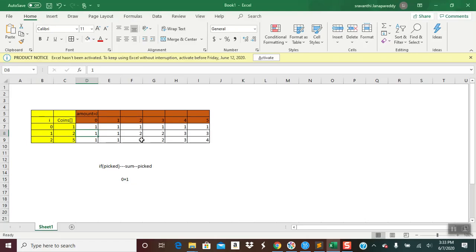In this case, let's say 2 is not greater than this one. So if it is not greater than, then what we have to do, you are picking, subtract it from the sum value, 2 minus 2, 0, and what is the already processed value of this row of 0, 1, right?